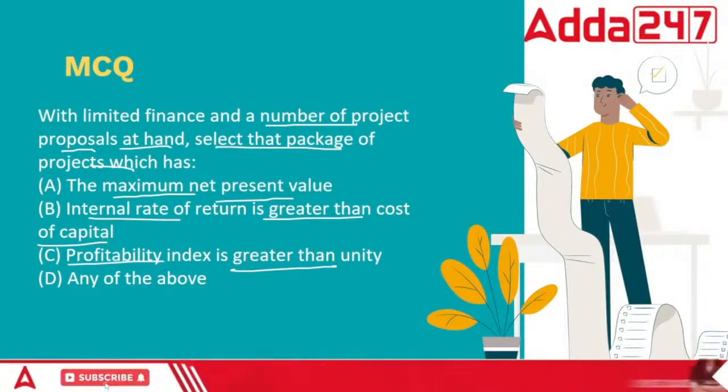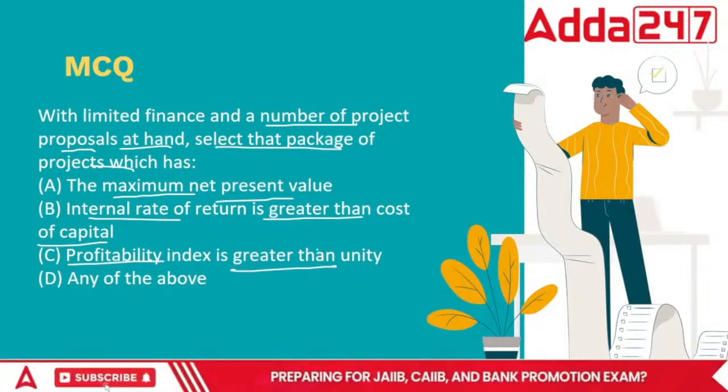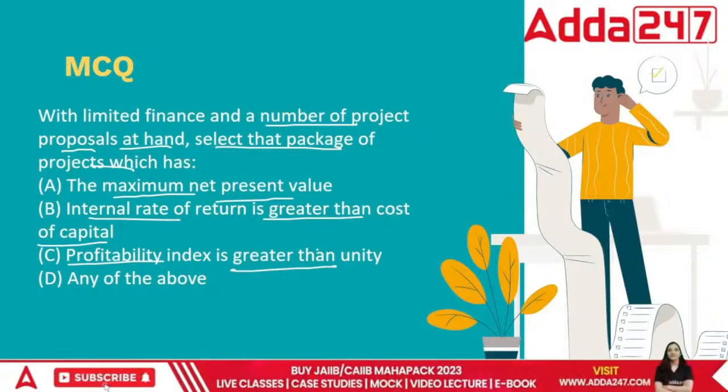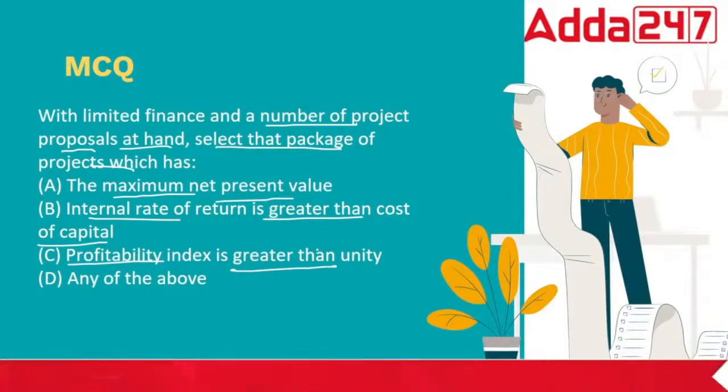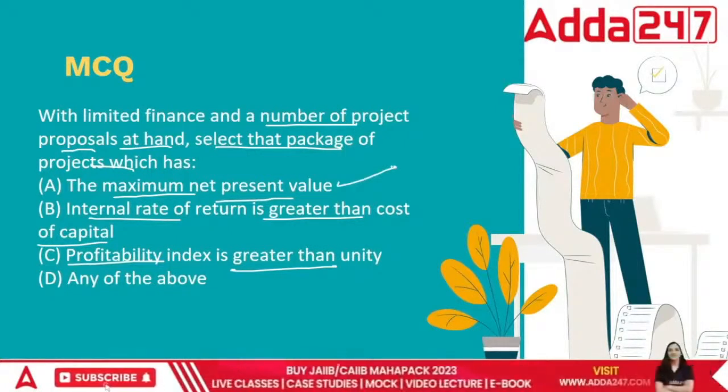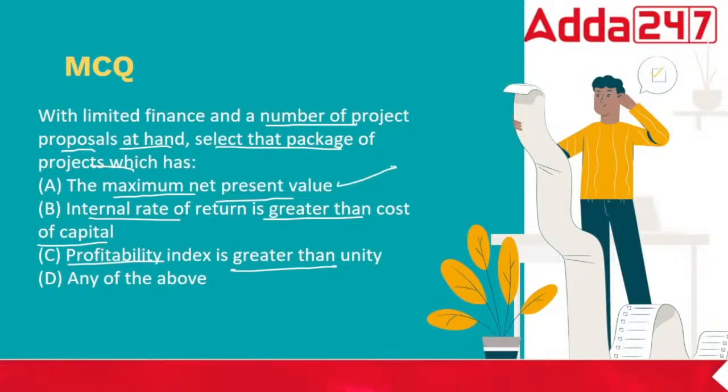Technically, we can choose any, these are three different methods and all of them show positive signs. But if you have to choose one of them, the strongest is the maximum net present value. This means we have the strongest portion of profit, which helps the business to grow further.